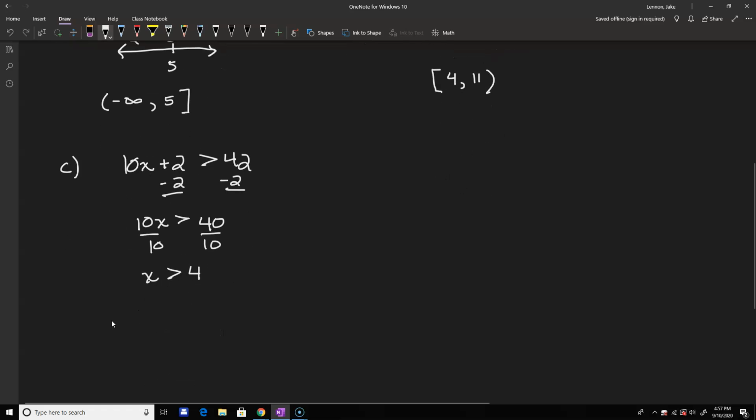And so that graph looks like this, where we have a 4 with an open dot. We're shading the numbers bigger than 4, so that's to the right. So here our smallest number is 4. It's an open dot, so it's just a boundary, so it gets a rounded parenthesis. And then it's going without bound to the right, so that's going to be an infinity symbol. And the infinity symbols always get those parentheses.